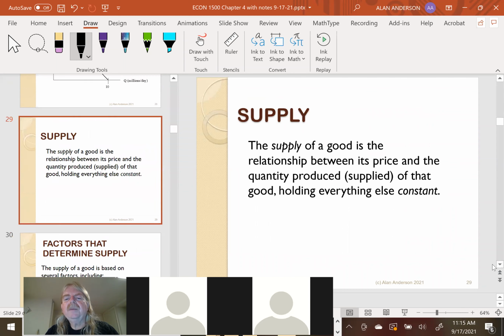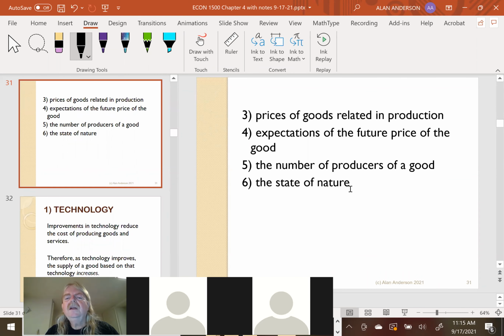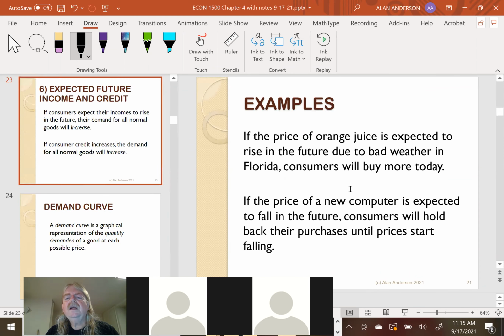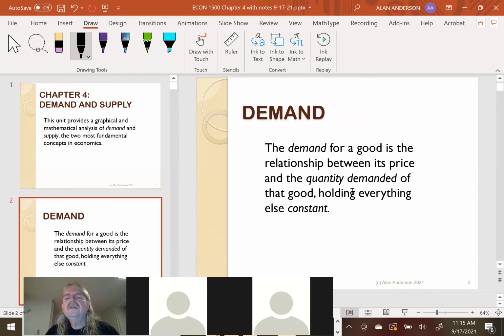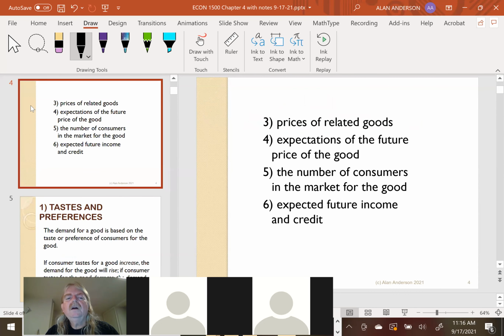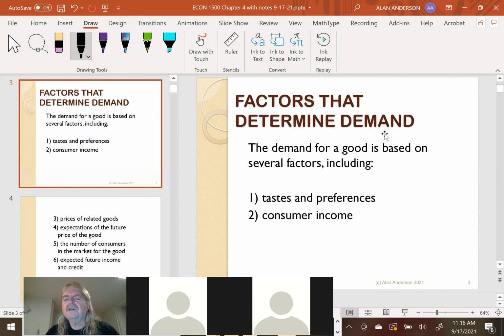I don't remember how many, but here it is. It was 6. Okay. So the question is, what happens if one of these changes? What if, for example, consumers' taste for a good starts to increase or decrease? How does that affect our equilibrium price and quantity?